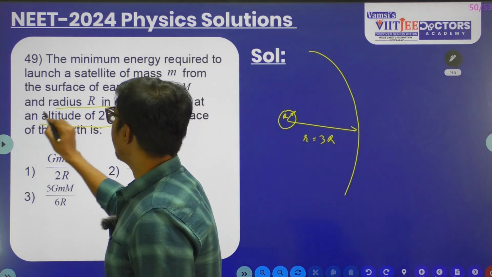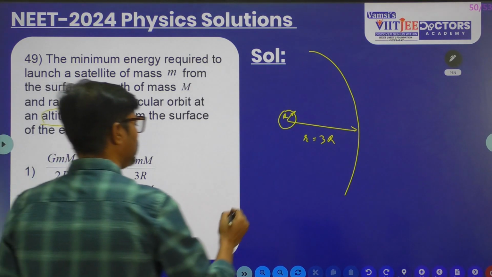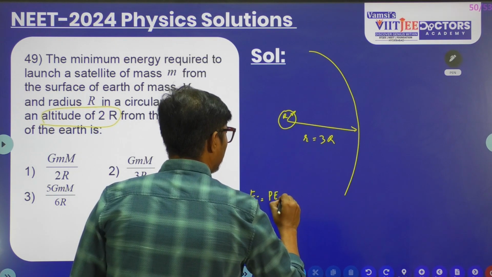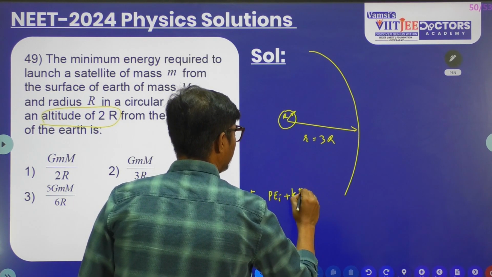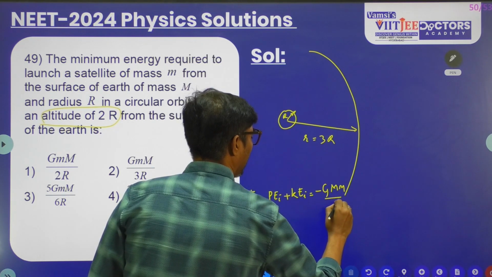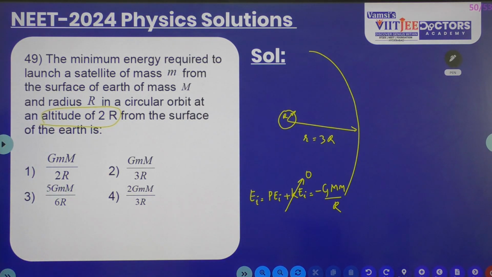So you got to be careful. Altitude 2r means radius is 3r here. So what is the initial energy? Only potential energy, because no kinetic energy initially, that is going to be minus G M m by r. Initially it was at rest on the surface of the Earth.